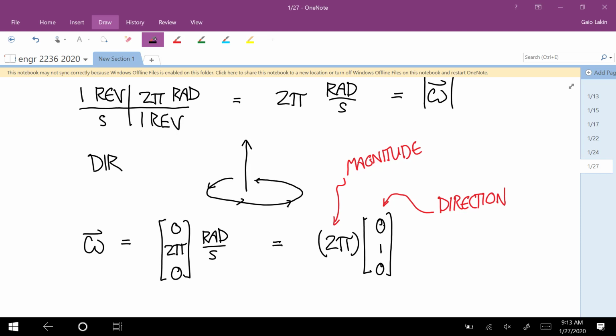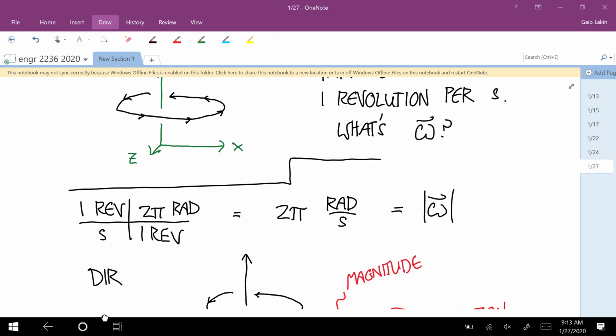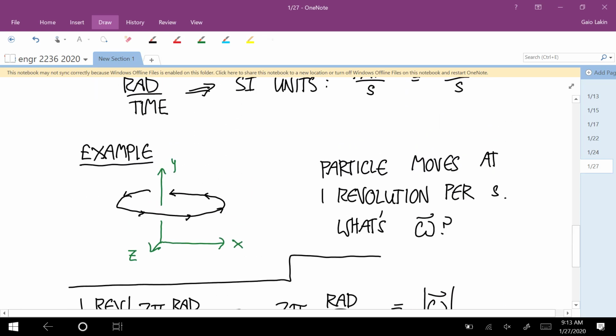We're using 2 pi as the magnitude because it's in a circular motion, so we're not doing theta. We're assuming it's going all the way. Yeah, we're assuming that the particle moves at a constant rate.